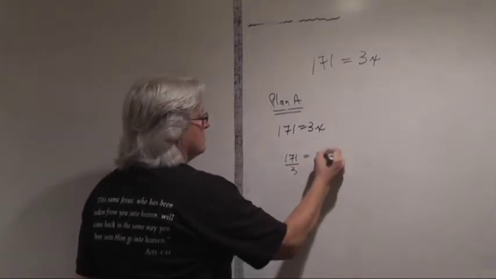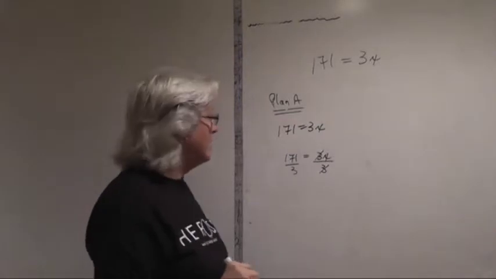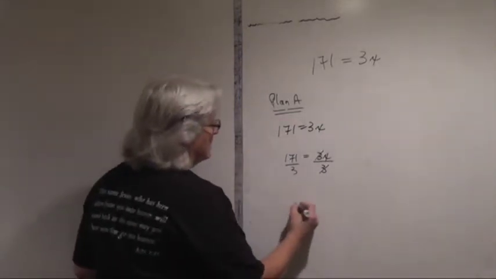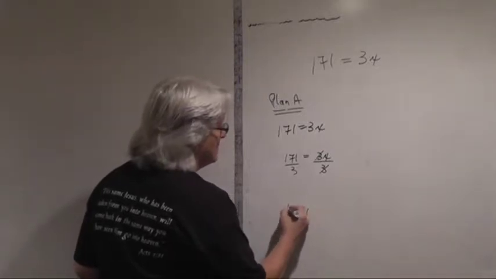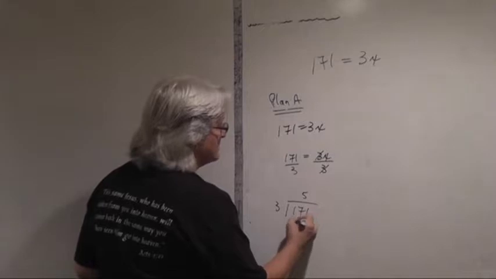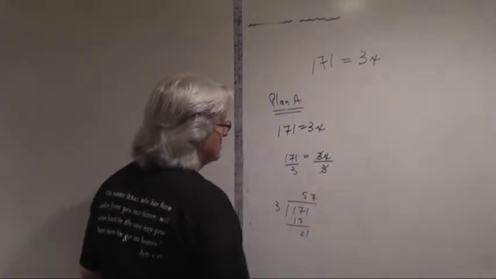You cancel common factors. Maybe you can divide this in your head, maybe you can't. Do not use a calculator. I'll show you long division. 171 divided by 3, 3 times 5 is 15. 2, bring down the 1, and 7.